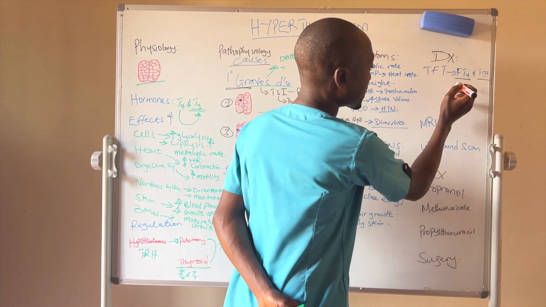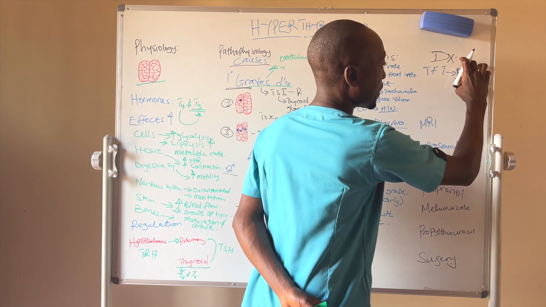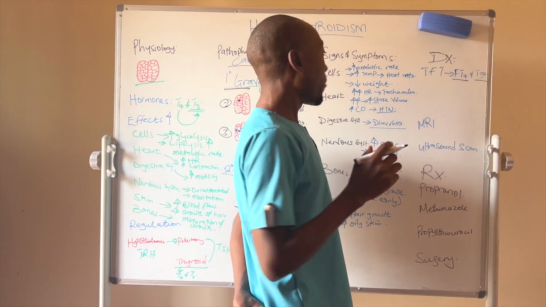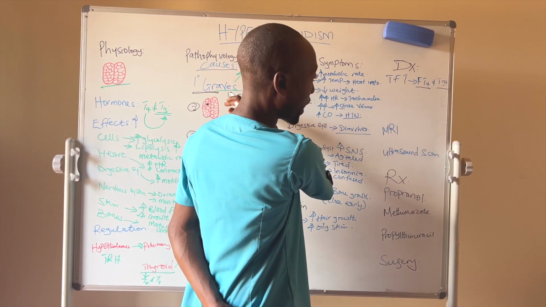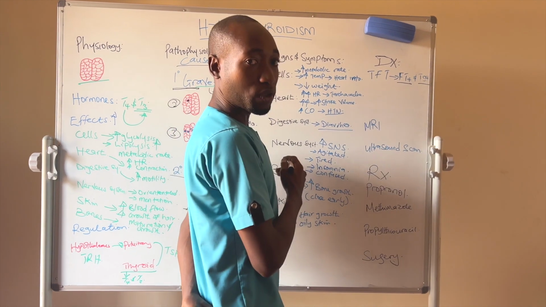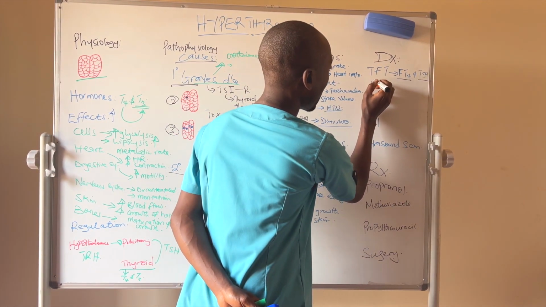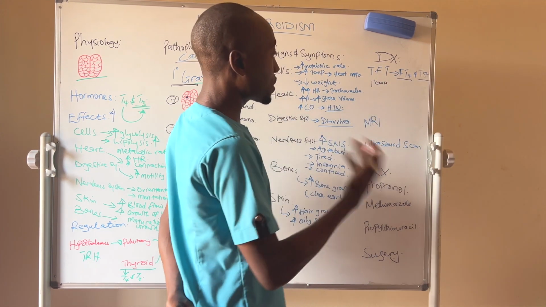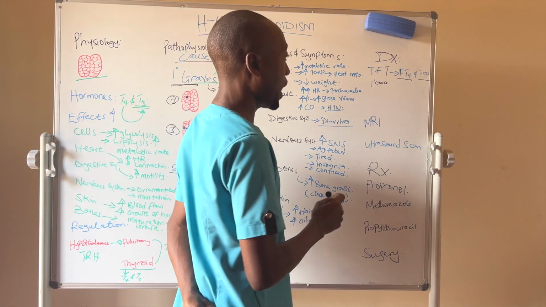So it will tell us if someone has an increase in free T4 and an increase in TSH. Why is this important? We say that these causes, we have what we call primary causes and secondary causes.